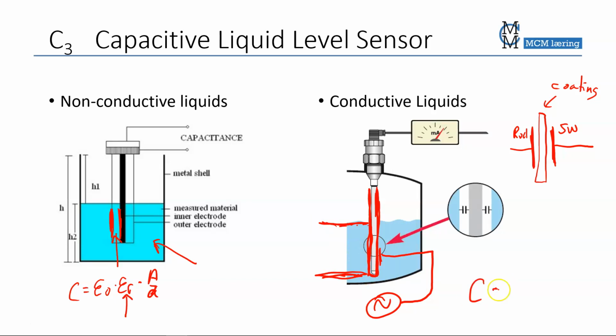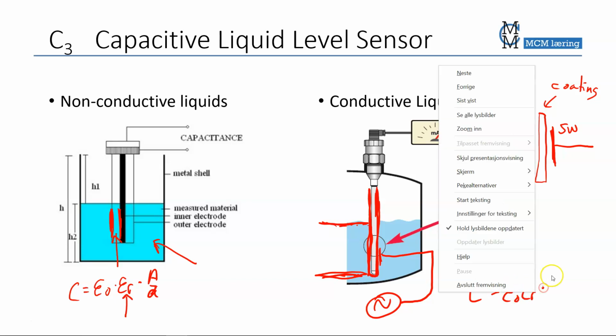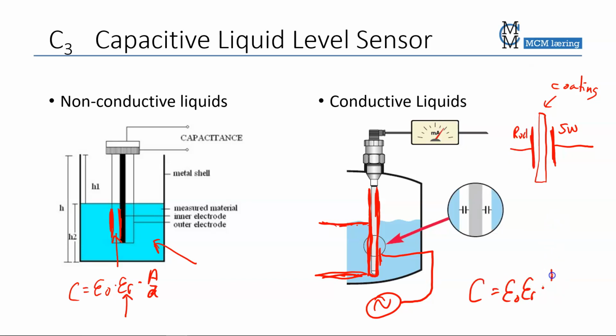C equals epsilon naught epsilon R A over D. What we manipulate is the A. What portion of the tank forms a good capacitor? That depends on what portion of the rod is soaked in liquid.